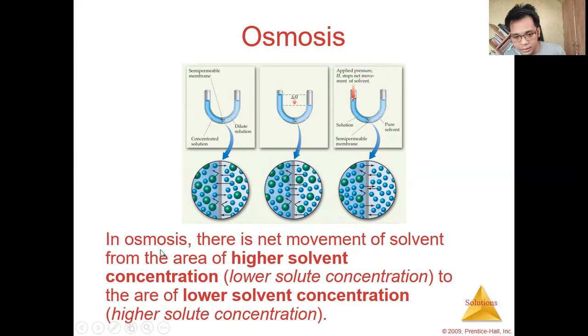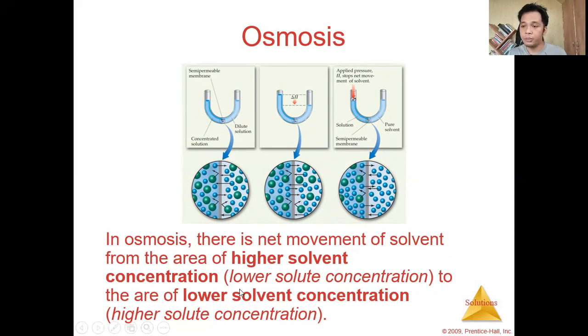So here in osmosis, there is a net movement of solvent from the area of higher solvent concentration to lower solvent concentration. So what happens here is that the movement of our solvent is from dilute to concentrated. Okay? That's all there is to it. You can see, from higher solvent to the lower solvent.